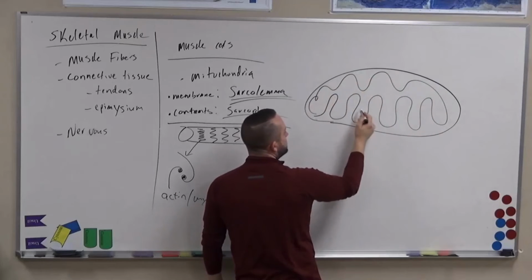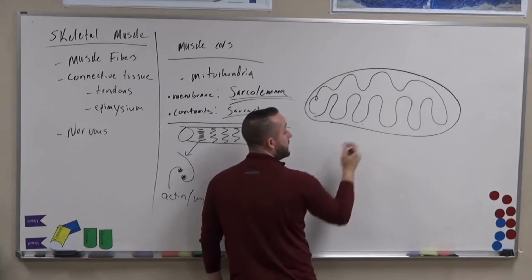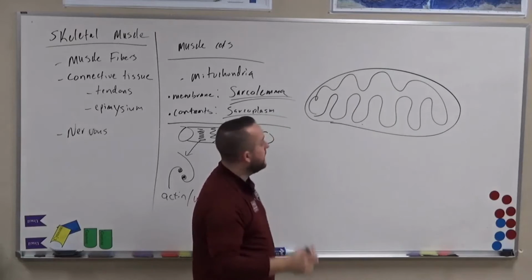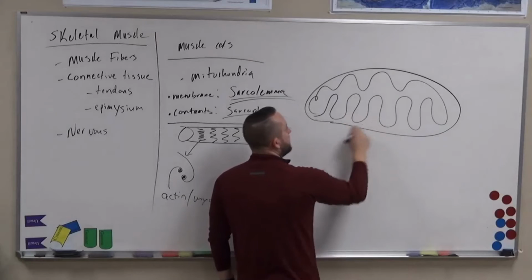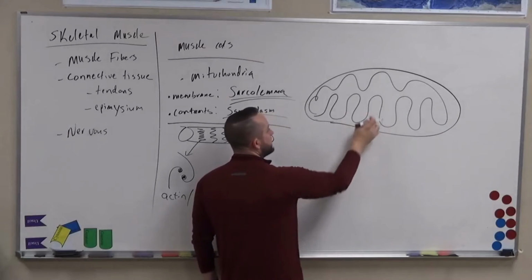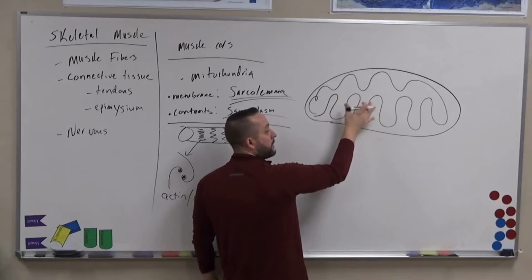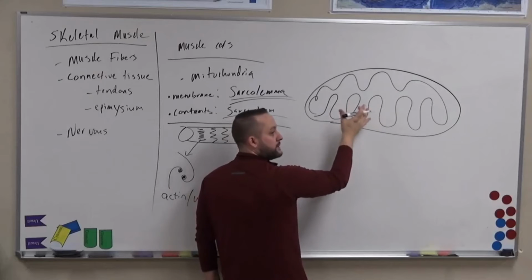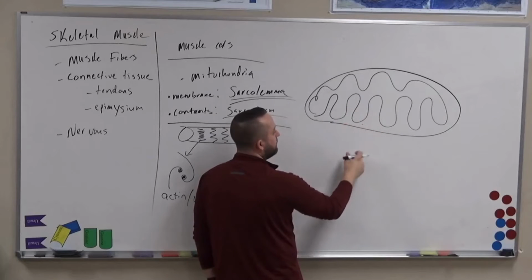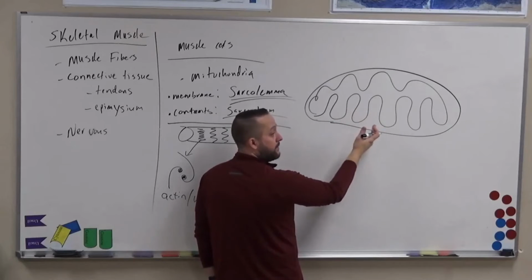Meaning it's got a membrane inside and a membrane outside, and it has this space right here. Okay? Not too many organelles have two membranes. So they think this is like an old organelle that was one of the first precursors to the cells we see today in evolutionary theory. It also has its own DNA, right?